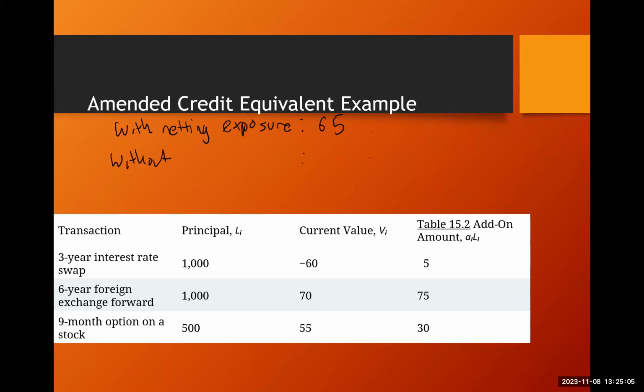Without netting, you would have a fee of 110. Wait, sorry, 125. The add-on is 110 million.